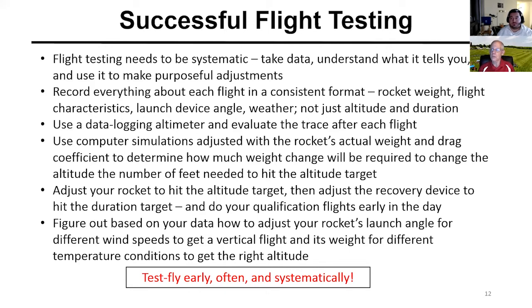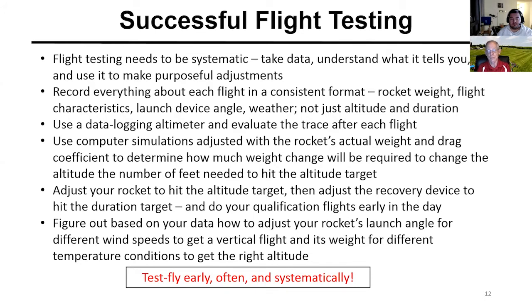And then you should have a computer simulation, ideally, that you can use on a laptop on the field, right? So if you don't go to the right altitude and you went too high, you know you need to add weight. You can verify how much weight to add by running the computer program again with that amount of weight and verifying that it makes the altitude change that you want.